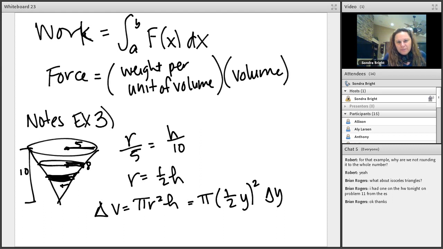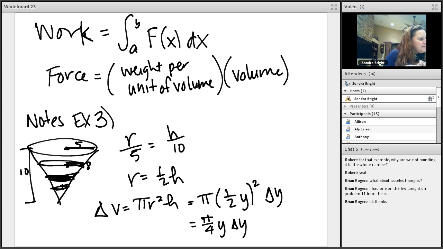And so you end up with this change in the volume, depending on which slab you're talking about, is pi over 4 y squared, and then I'm going to change that delta y to a dy when I stick it into my integral.